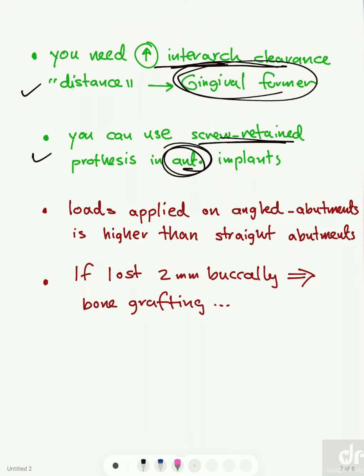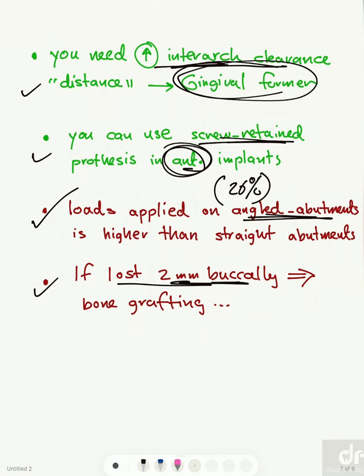As you know, the anterior buccal or labial bone is sensitive, so bone resorption will be direct. The other point: if we apply angled abutments, the forces applied on them are higher than on straight abutments, maybe 26% higher.